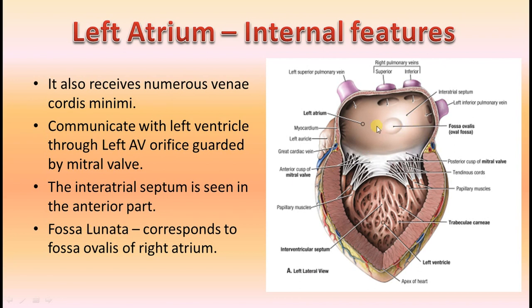On that side we saw the fossa ovalis, a shallow oval depression, on the right side, formed by the septum primum. In the same way here we are seeing it in the form of the fossa lunata, from the left surface of the interatrial septum.